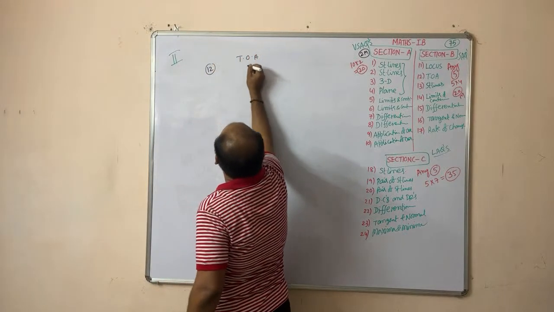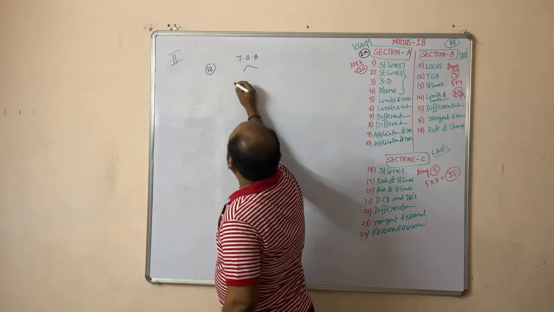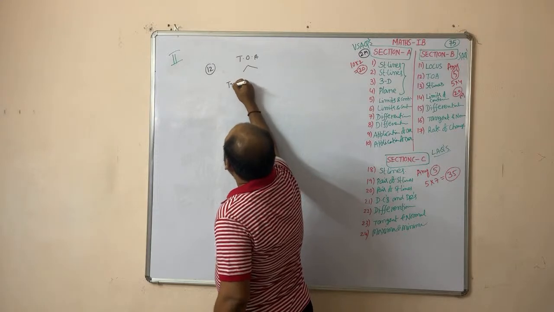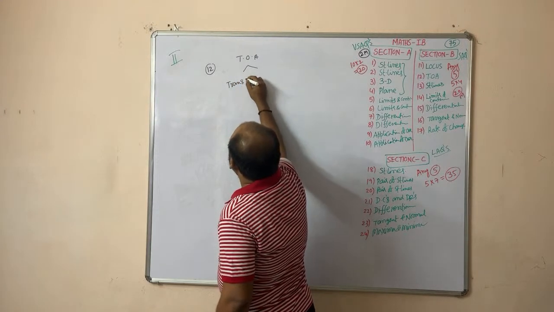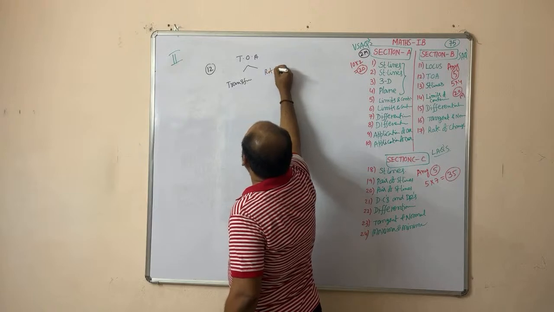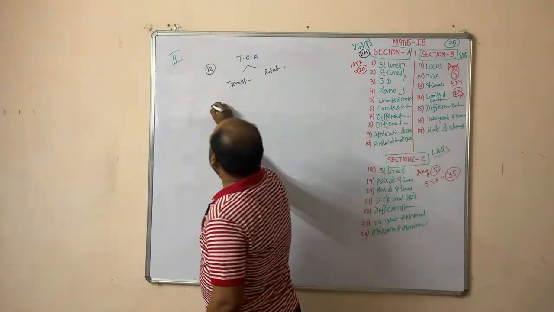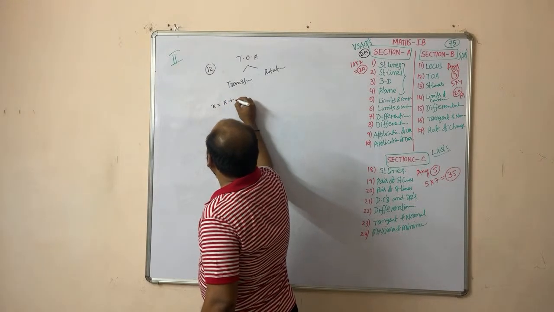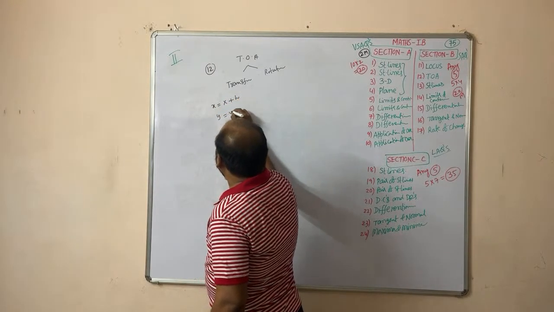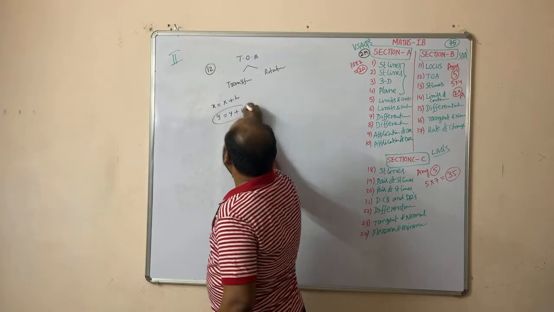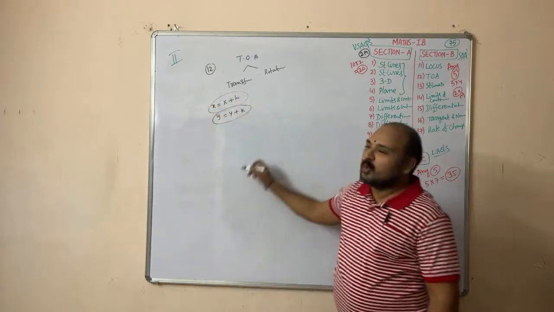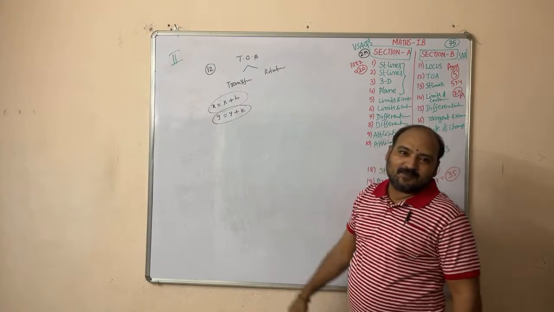Transformation of axis: one is translation, another one is rotation. The translation is related to small x equal to capital X plus h, small y equal to capital Y plus k. Only 2 questions we have, dear students.